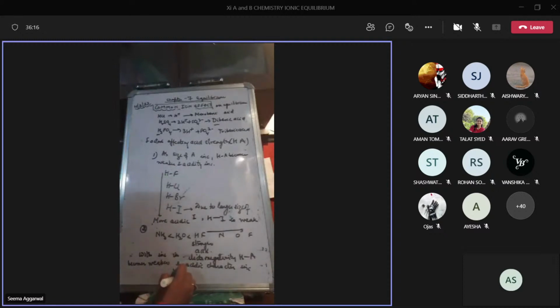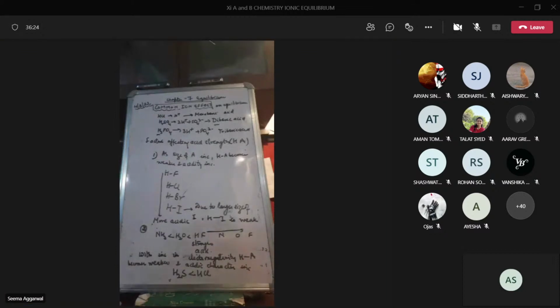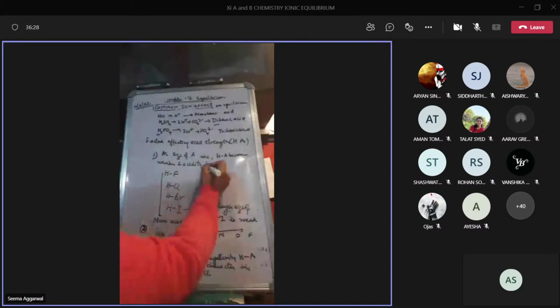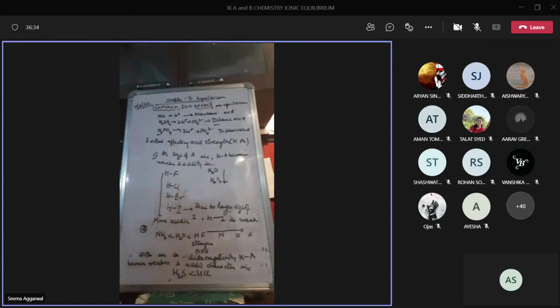Similarly, if I am taking H2S and HCl, chlorine is more electronegative than sulfur, and so HCl is more acidic. So we have to see both the factors. If you are moving down the group, like water to H2S, then H2S is more acidic than water.